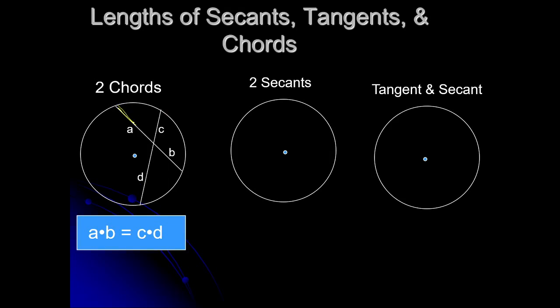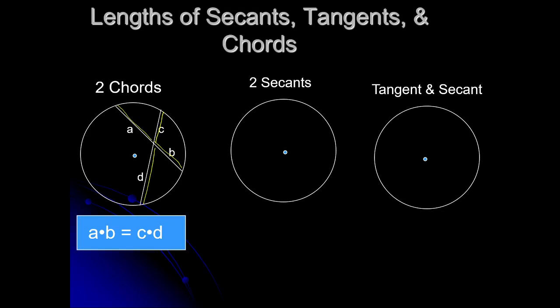This is A, and this is B. I multiplied A and B. The same thing with the other secant or the other chord: I will multiply C and D.